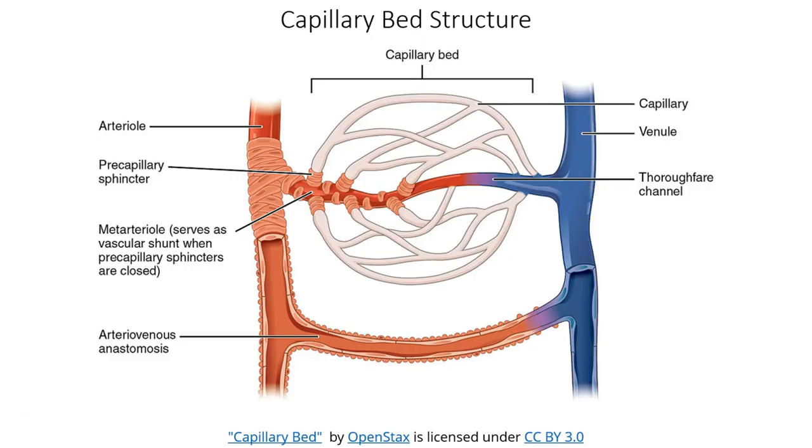We're just going to bypass it completely, and that is going to keep the cells from getting overloaded with oxygen, or too much carbon dioxide getting picked up too early. Same idea with nutrients and waste products. We just don't always need to be doing that all the time, and so we need this method to bypass the capillary bed.